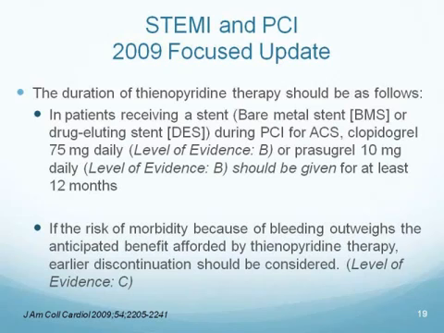Now they do also comment in the guidelines that if the patient is at a high risk of bleeding, then you can shorten the duration of therapy for the thienopyridine.